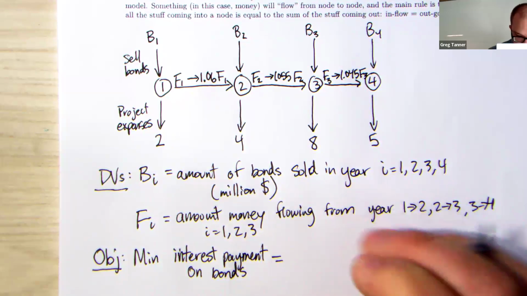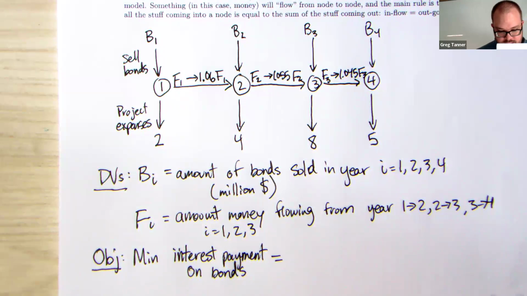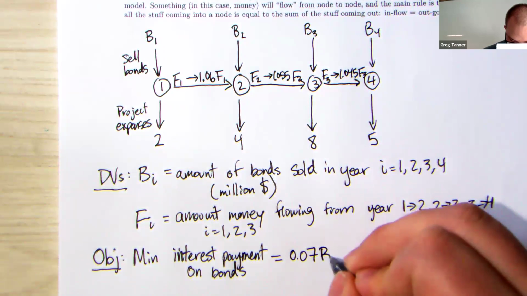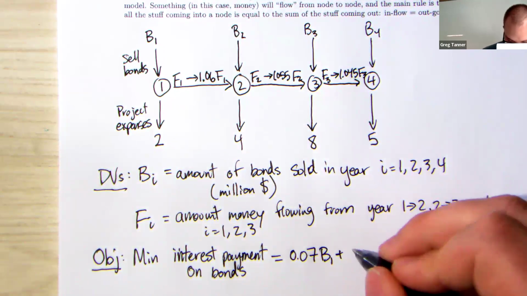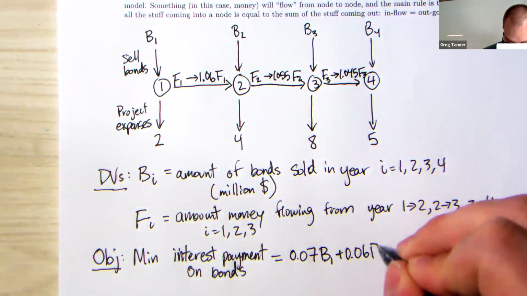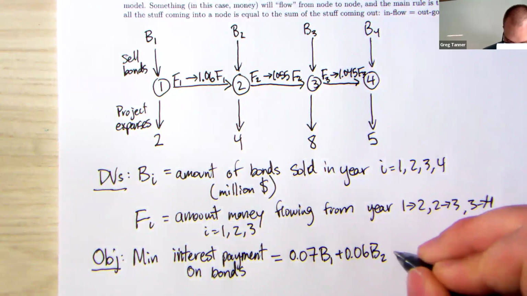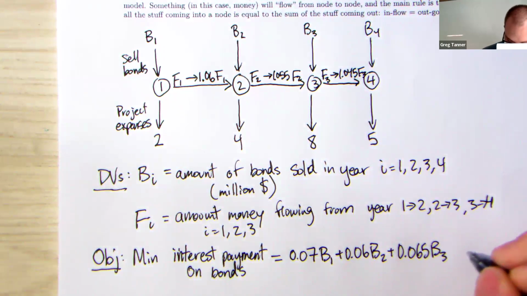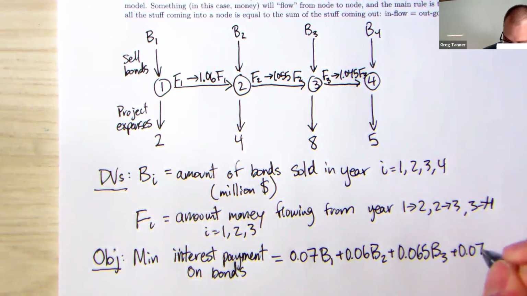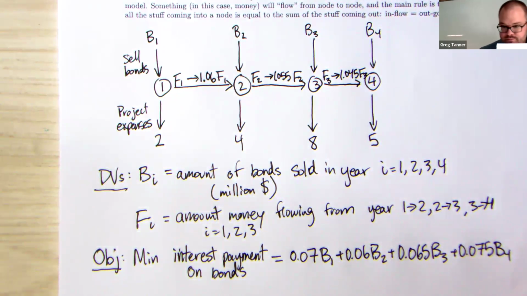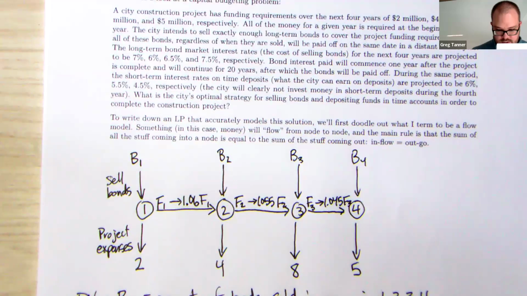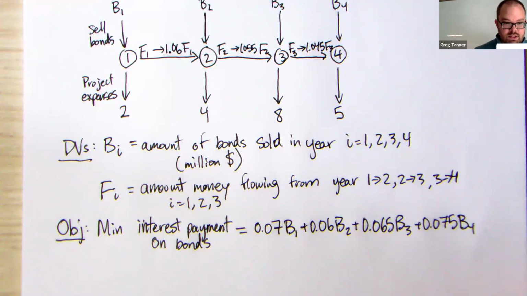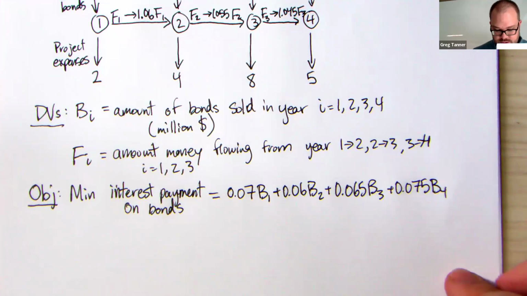And that interest payment is going to be tied to the interest rates in each of those years. And so it's going to be 0.07B1 plus 0.06B2 plus 0.065B3 plus 0.075B4. Okay, and those come from the various interest rates that we've projected going into the future, that we expect interest rates to be changing over time.